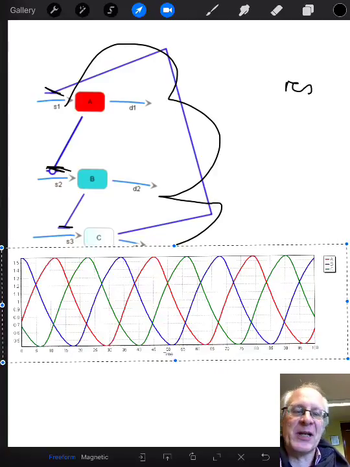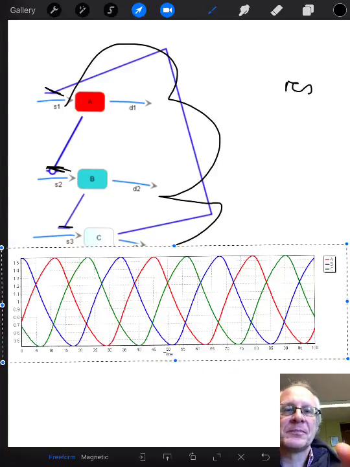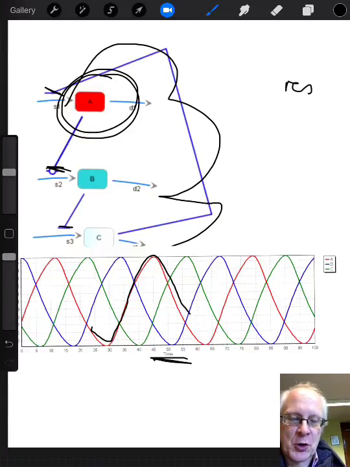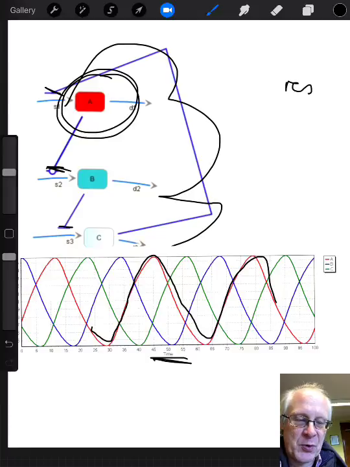So for example, if you look at A, here the concentration, and you have time here, the concentration of A goes up, goes down, up, down. And B does exactly the same, and C does exactly the same. We have an oscillating system.